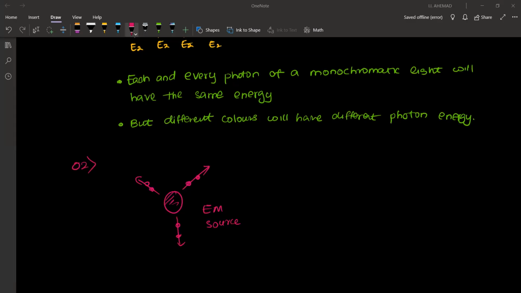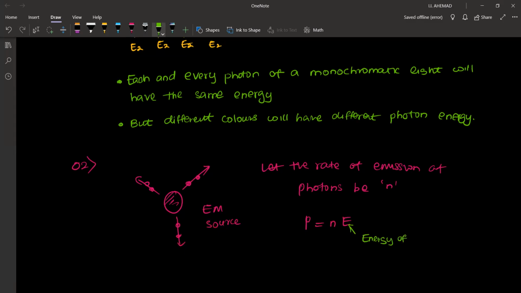Let the rate of emission of photons be n, then power is equal to n times E. This is the energy of a photon, that will be in joules.